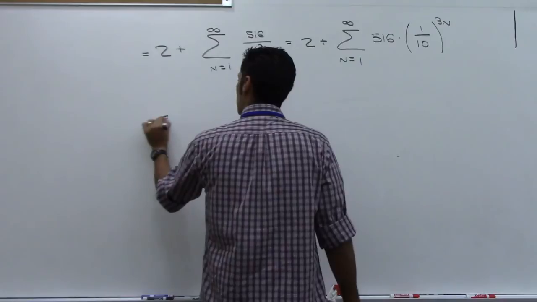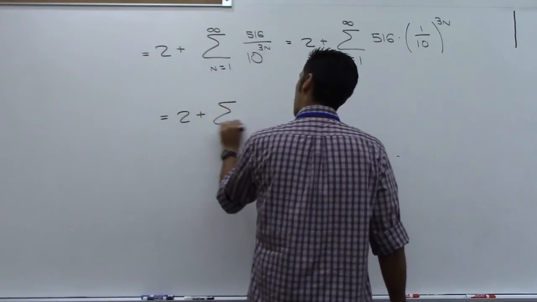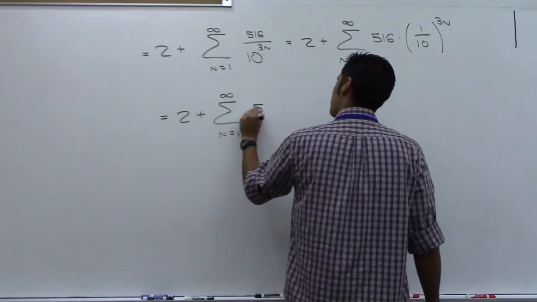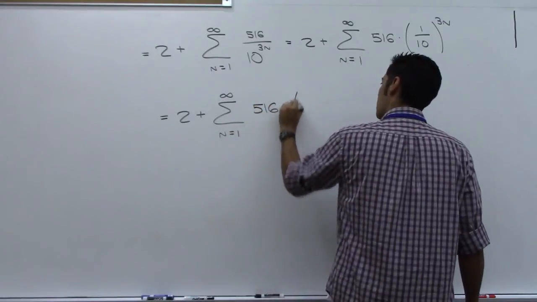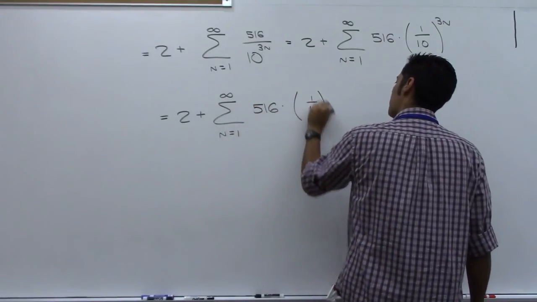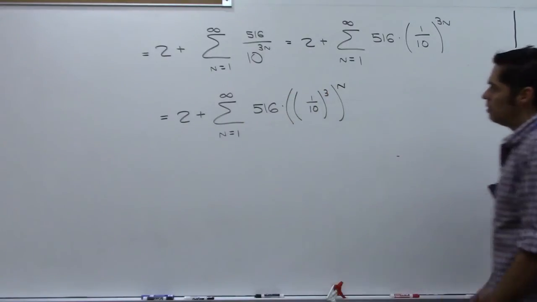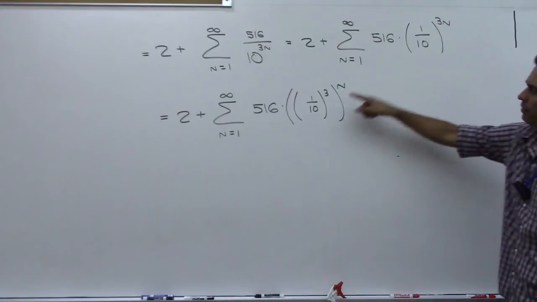I don't like the 3 being there, so I'm going to write it this way. 516 times 1/10 cubed to the n. And that way I can get this from this.